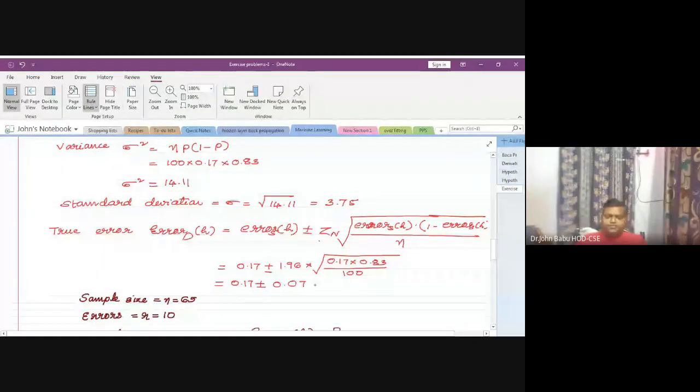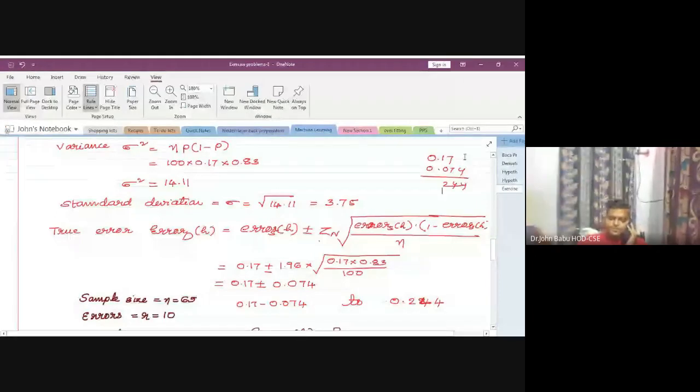That means the error distribution will be between 0.17 minus 0.074 to 0.17 plus 0.074. How much?